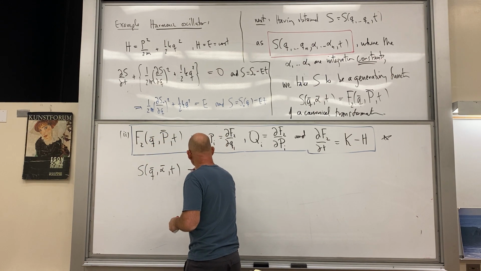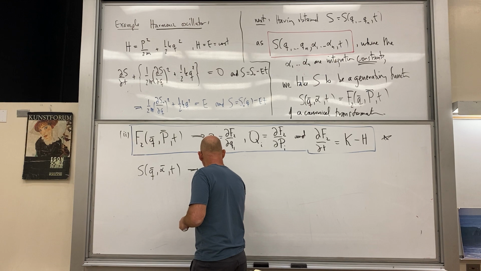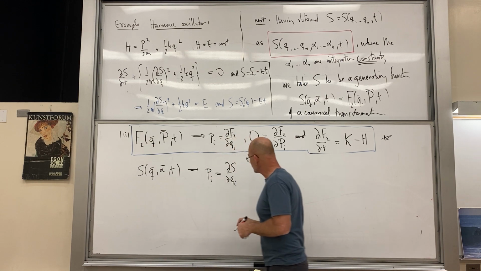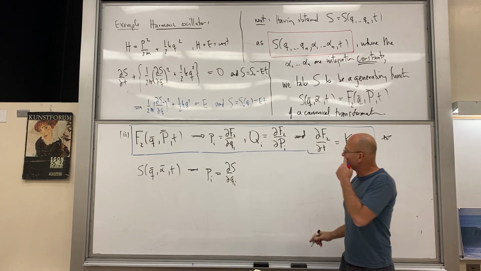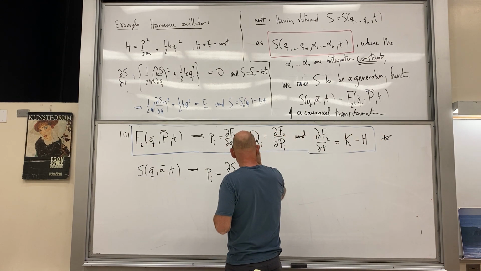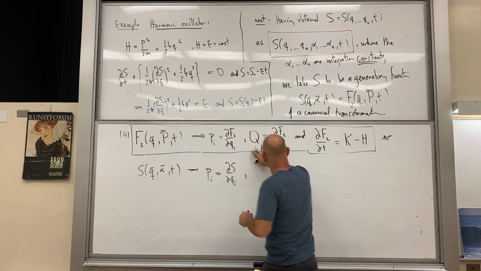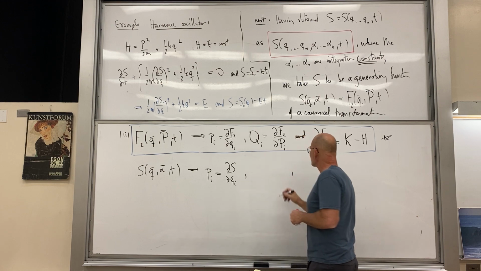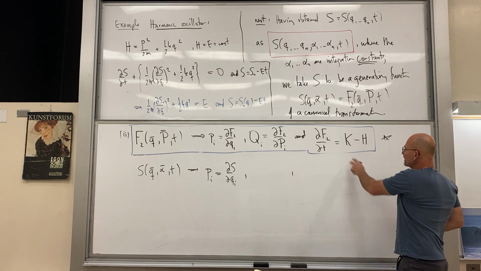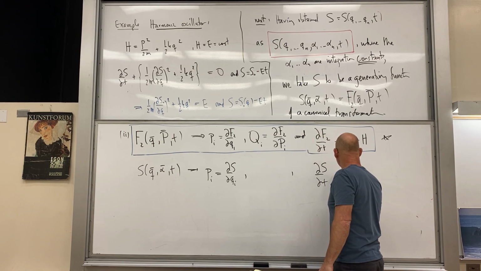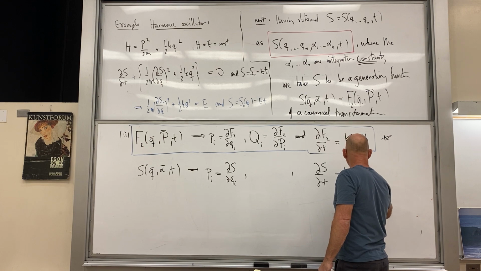So here we would have p_i, lowercase, equals ∂S/∂q_i. Of course we had that before, right? We know about that. Then we would have this relation here, which I'm going to save for a moment. And what do we have here? We have ∂S/∂t is equal to K minus H.